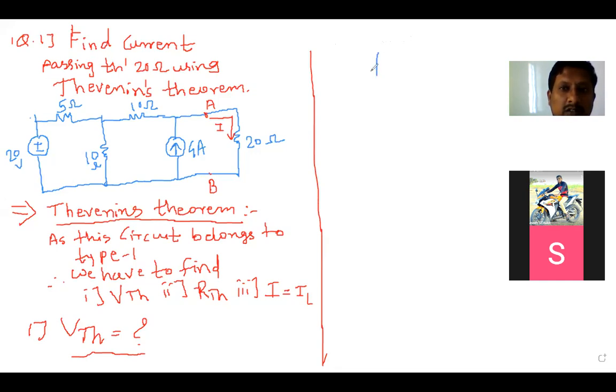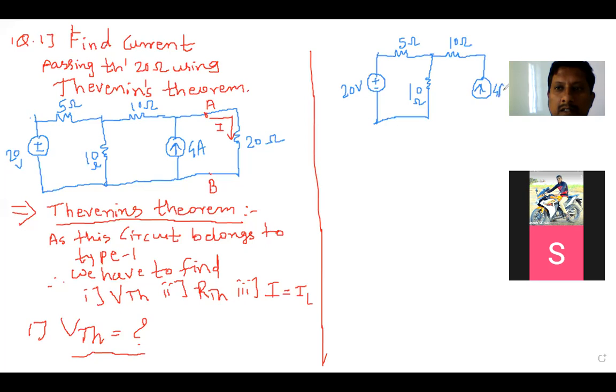The first step is to open the two terminals. 20 volt as it is, this is 5 ohm, this is 10 ohm, this is 10 ohm, this is 4 ampere, and I am opening these two terminals. This is A, this is B.